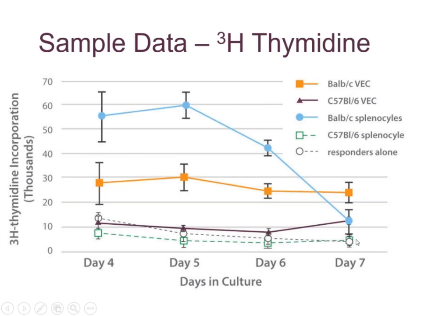Down here at the bottom in green is the background negative control using spleen cells from a C57 black 6 mouse.